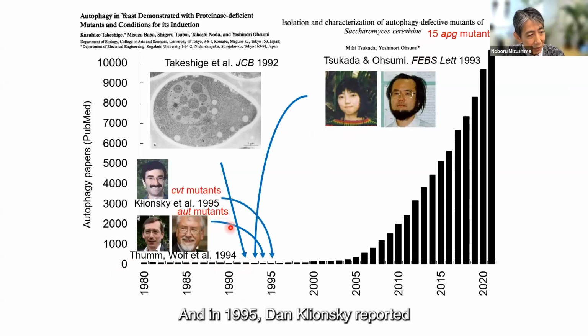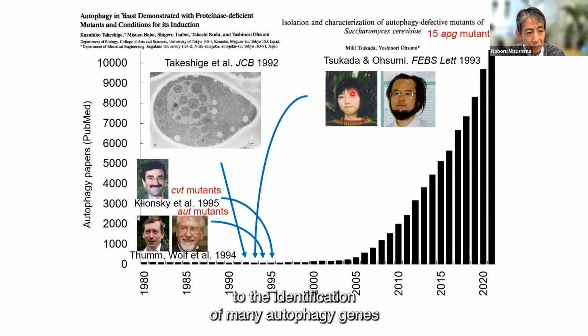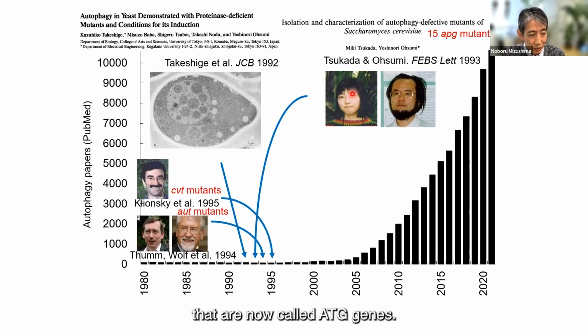In 1995, Dan Klionsky reported CVT mutants. Isolation of these autophagy-deficient mutants led to the identification of many autophagy genes that are now called ATG genes. I joined Dr. Ohsumi's lab in 1997.